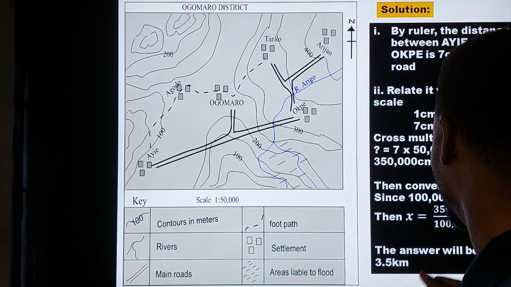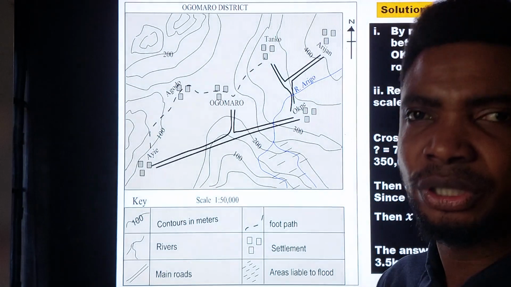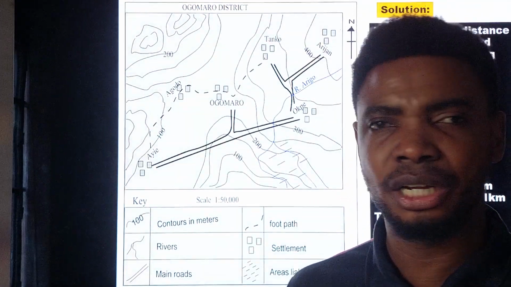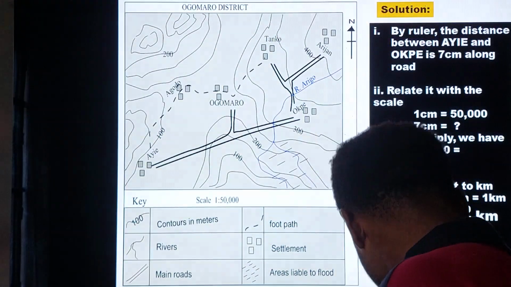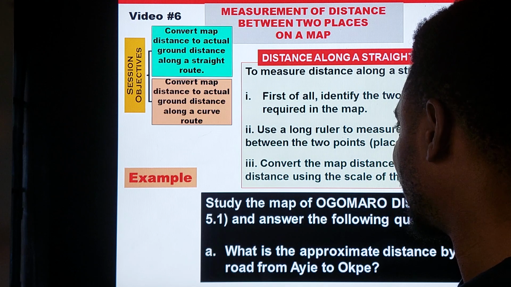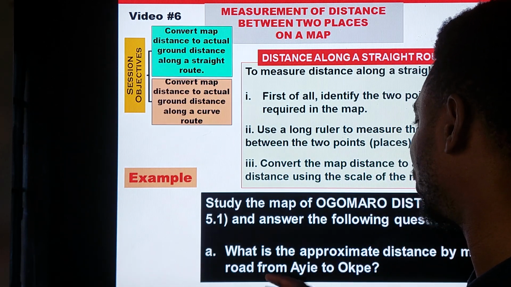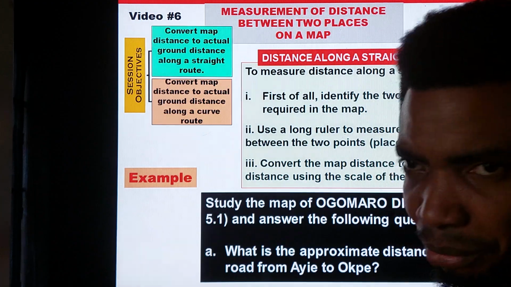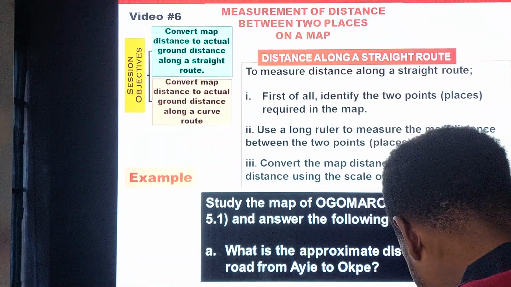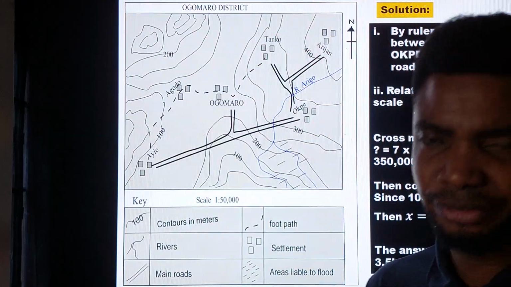What will it give you? It will give you 3.5. So the answer for this question, which says what is the approximate distance by major road from Aye to Okpe, is 3.5 kilometers.